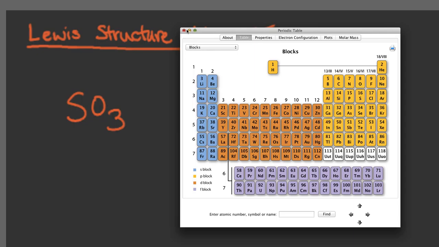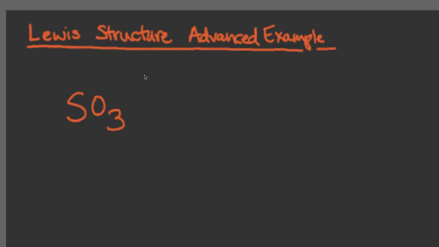So they have a valence number of 6, so we would have 6 for the sulfur plus 6 times 3, or in other words 6 times 4, which is 24 electrons.